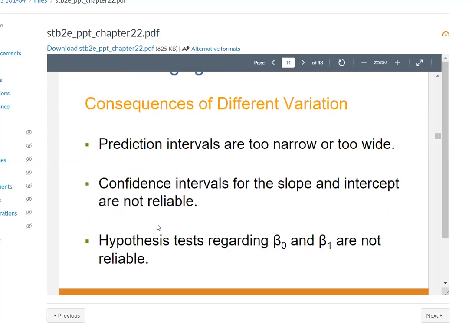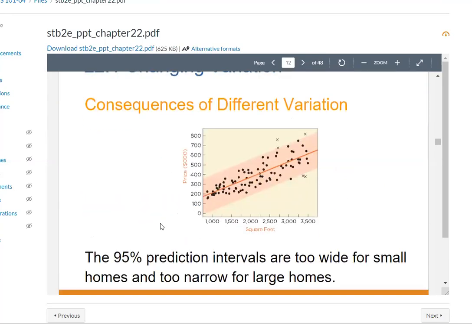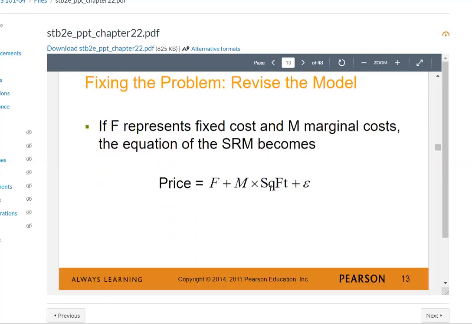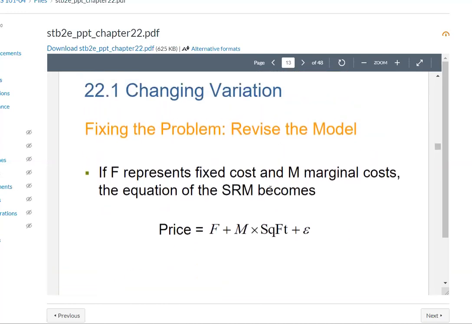So that is the consequence that we have. We can see that more than 5% of those data are outside the range. When we have that changing variation, there are always solutions. We always have to find out why we have changing variation and try to explore different ways.